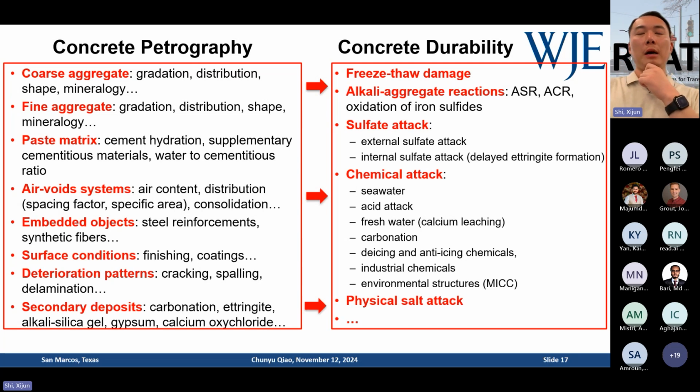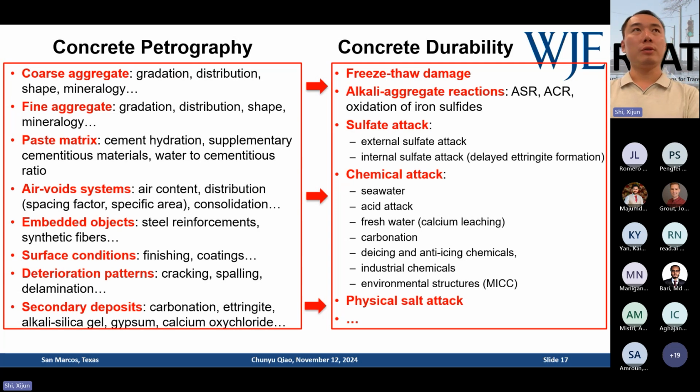And another not common, but sometimes we come across, we call the internal sulfate attack. Internal sulfate attack, a lot of times it has another name, delayed ettringite formation, which is short for DEF. For specific chemical reactions, it could be different exposure conditions.